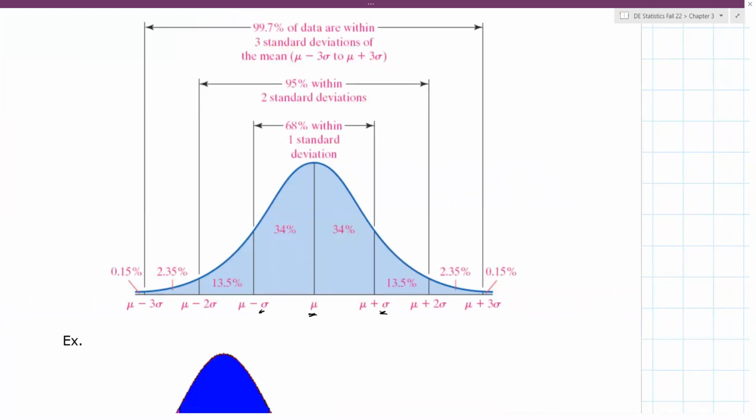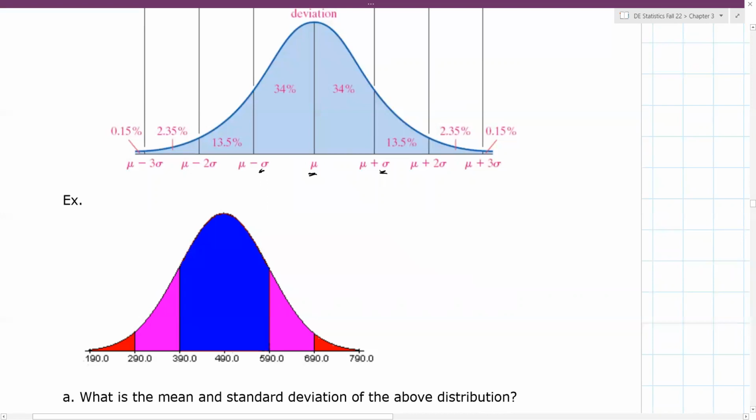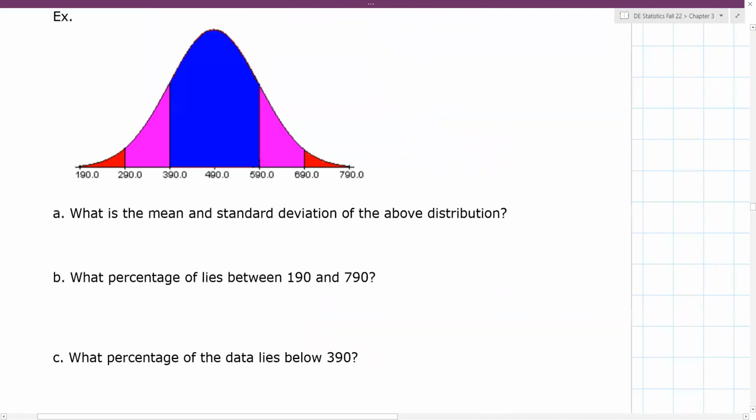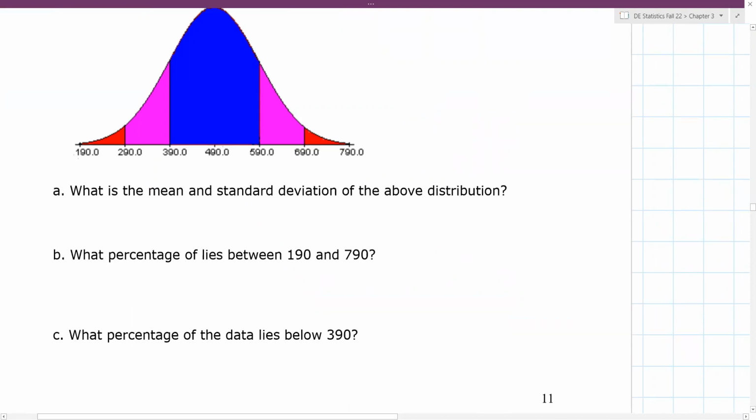Now, we're going to be using this concept for the next 2 example problems, and that will wrap up this section. So first, using this graph, attempt to answer these 3 questions, A, B, and C. When you've attempted them or you've given it a thought, unpause, come back, and we'll go over it as a class.